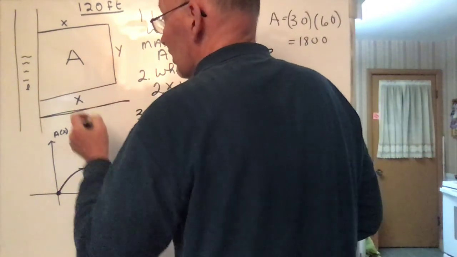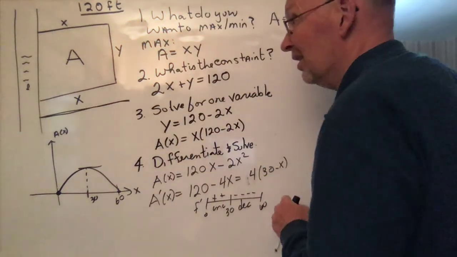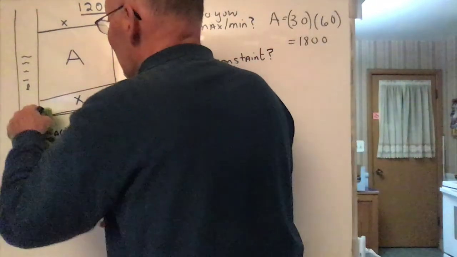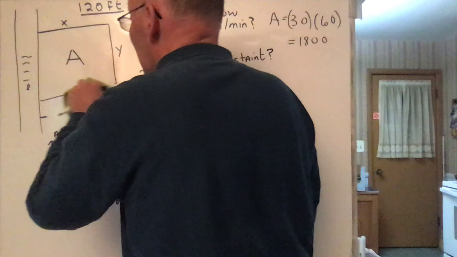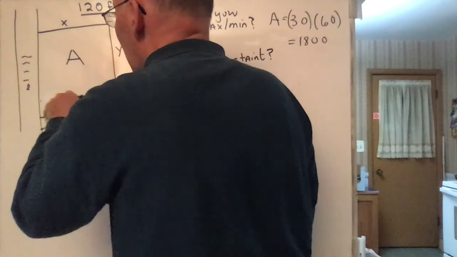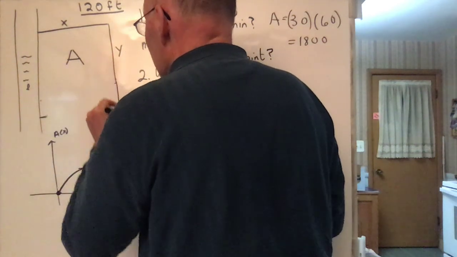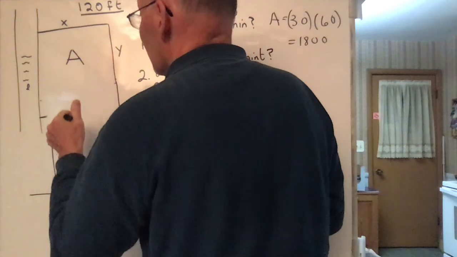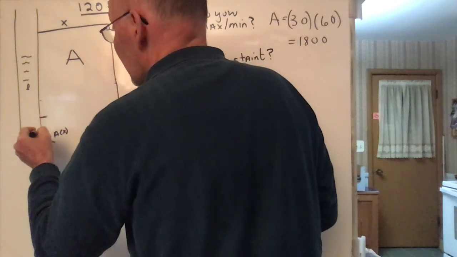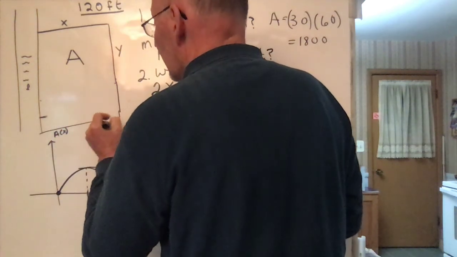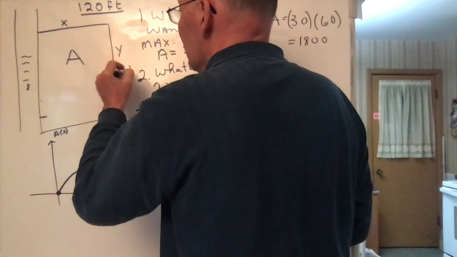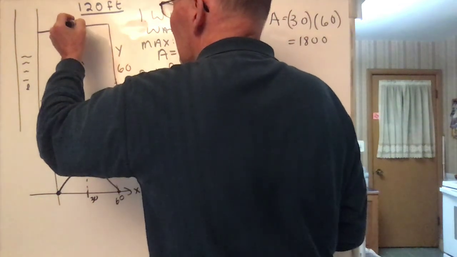So there's your maximal situation. It turns out it's when y is twice the size of x. This is 60, and this is 30.